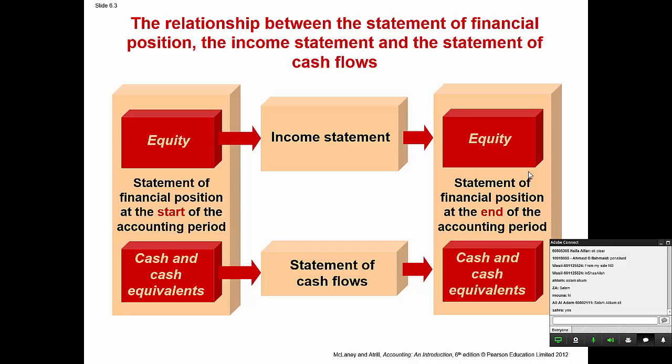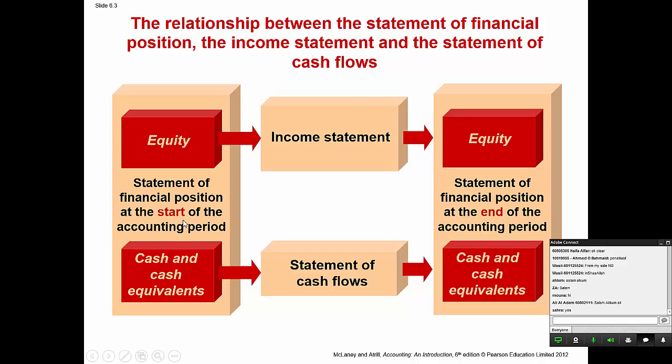What is the relationship between the three statements? We already discussed this issue, but we will discuss it here just as a summary. If you see here on the left side of the slide, we have what we call the equity, and the cash and cash equivalent, and these two items we can find in the statement of financial position, which before we named a balance sheet.